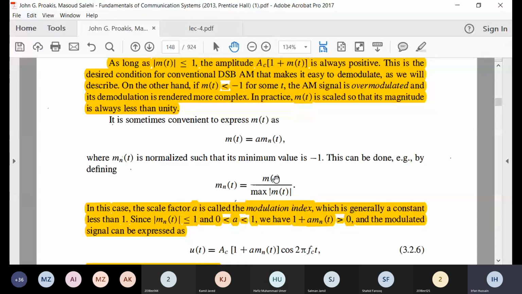So m_n(t) is between -1 and 1, but on multiplying by A, which is always less than 1, the number will be restrained to some smaller range. Let us say 0.7, minus 0.7 to plus 0.7. Its magnitude will be more less than 1. You can also say that m_n(t) is now less than 1 and A is between 0 and 1.